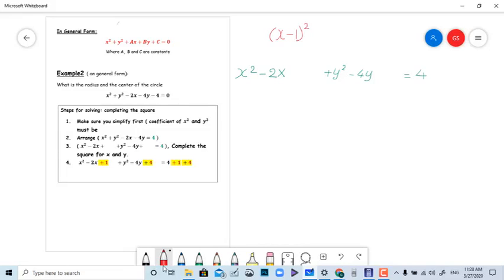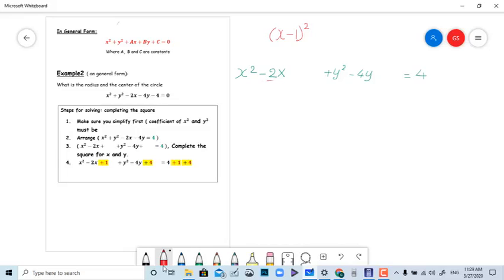Now I'm going to try to change this into a complete square. Why? To be able to transfer this equation in the general form to the standard form, so I can read it, or I can graph it, or I can use it in any way. Now, how to change this into the completing the square? I'm going to show you exactly.